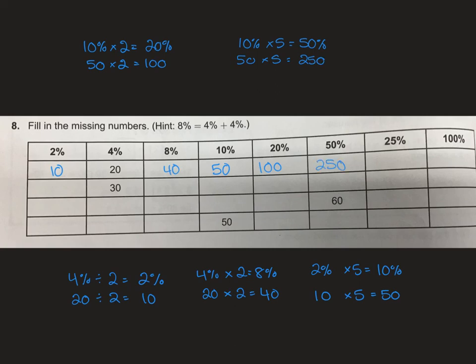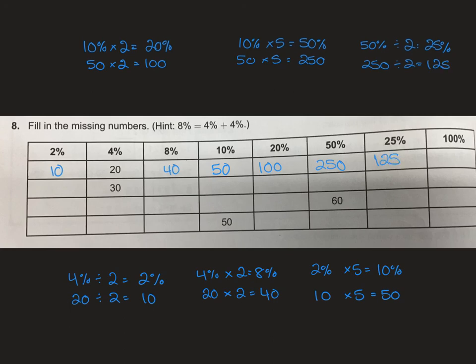To get to 25, I could divide that by 2, right? 50% divided by 2 equals 25%. So 250 divided by 2 is 125. Can fill in that box there.